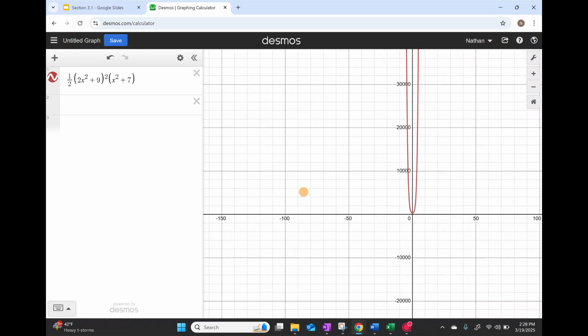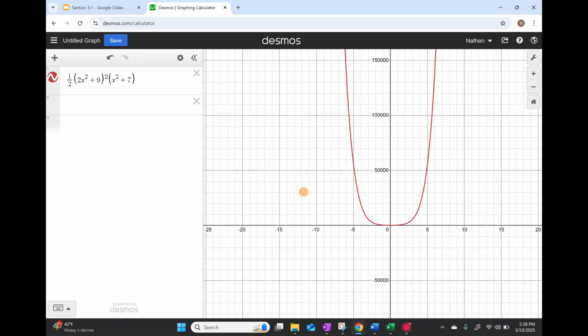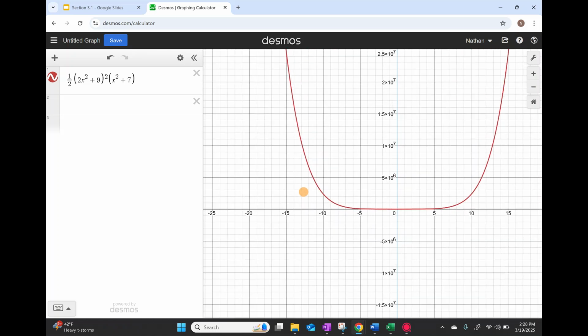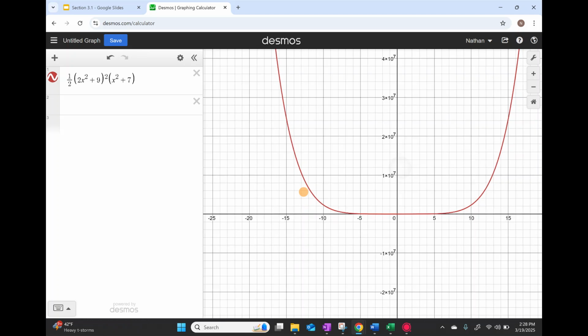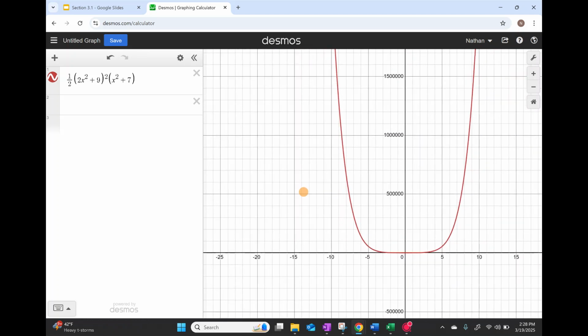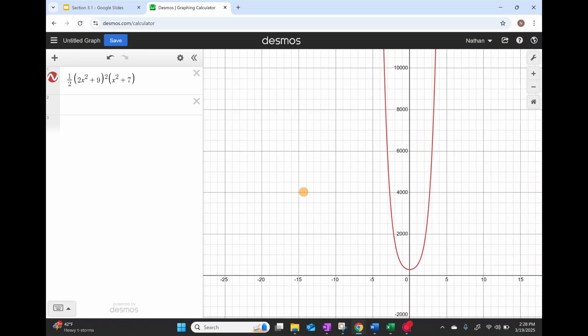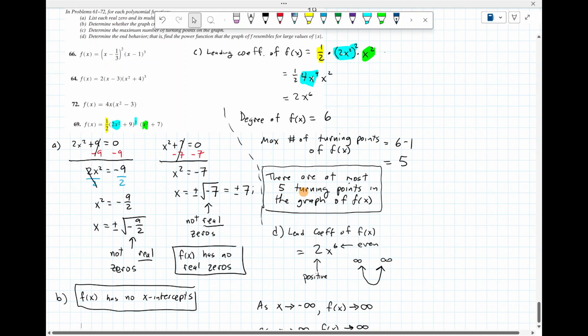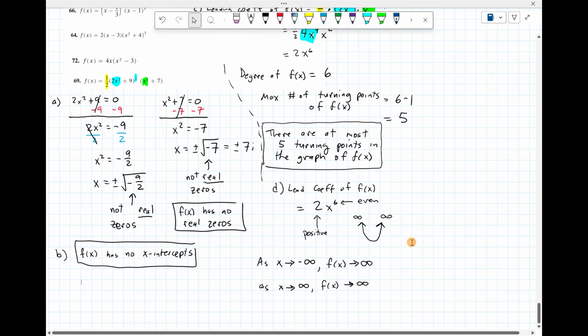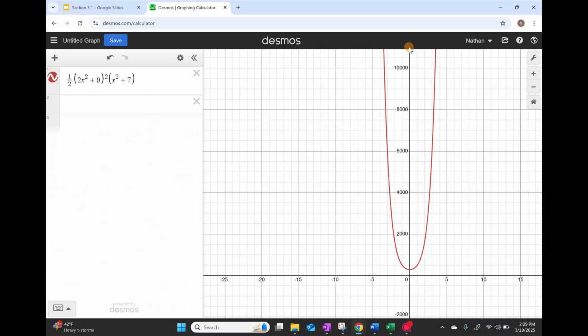Maybe if we zoom out it dips again, but it really looks like that's not going to happen as we go on up and up and up. And we predicted that on the left and the right of our graph, it would go to positive infinity, and indeed, that is true.